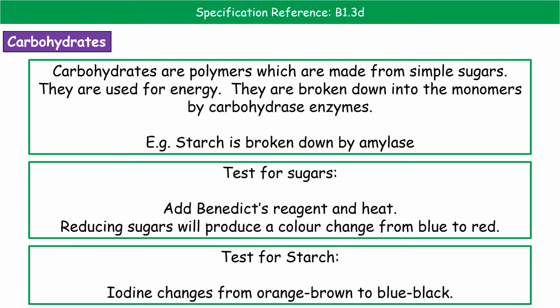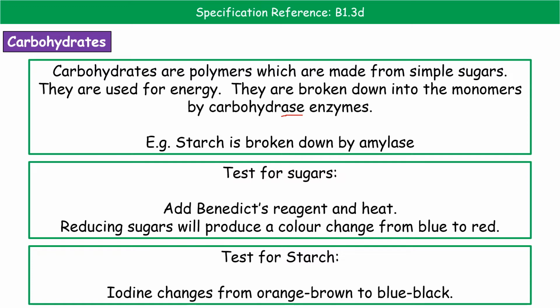And remember, we can always spot an enzyme because it ends in ASE. Now, what we actually have is a good example there, starch being broken down by amylase. Now, amylase is present in your saliva, and that's why if you have bread in your mouth for a reasonable period of time, then you start to notice it gets a sweeter taste, because the amylase in your saliva is breaking the starch down into those sugars, and you taste them.